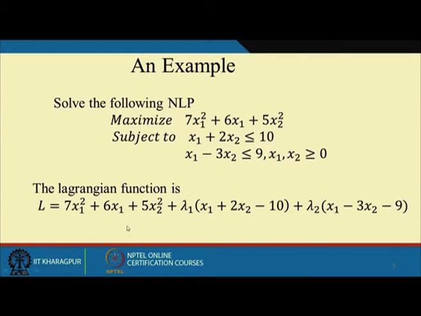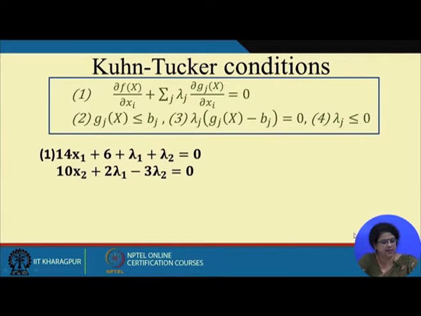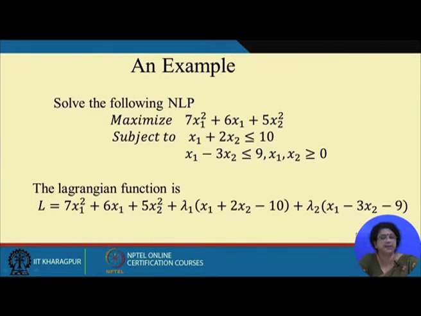If this is so, then the objective function plus lambda 1 into the first constraint. Here s1 square must be there, and here s2 square will be there, because these are of the less than or equal to type, that is why we have the slack variables here. Now, is it a maximization problem?